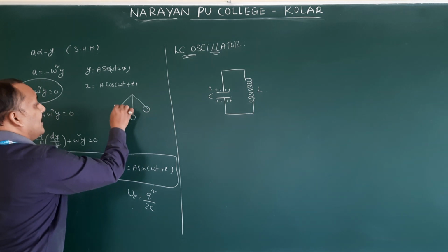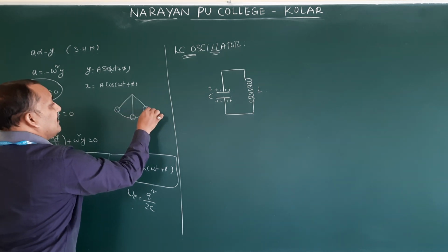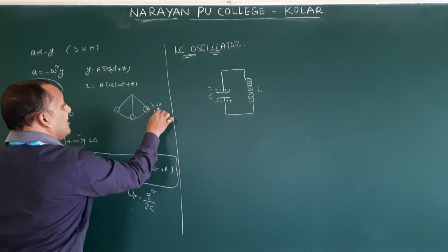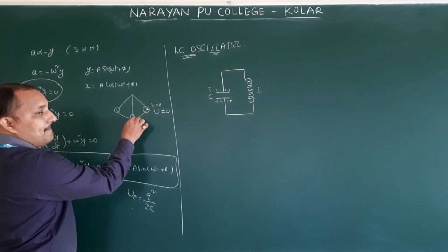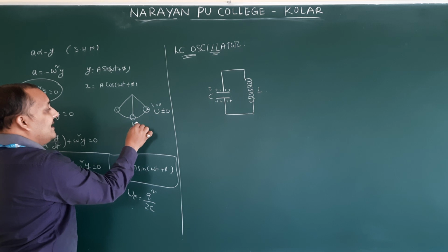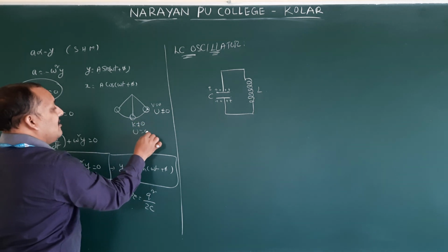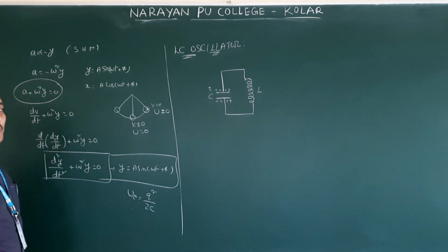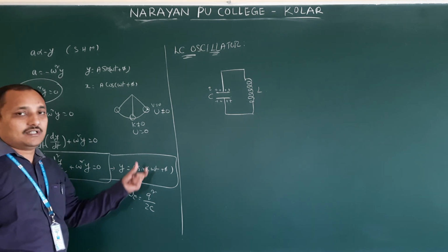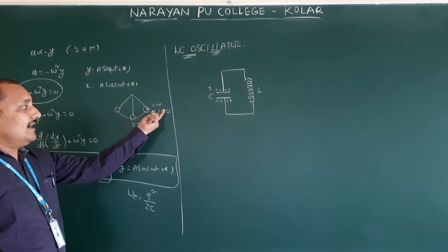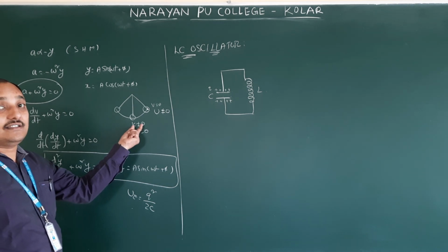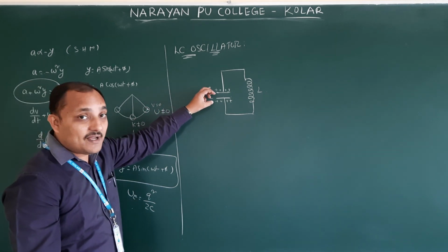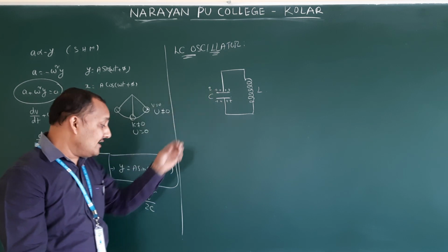If you take a simple pendulum, which energy will be there? Here velocity is 0, therefore potential energy is not equal to 0. Here velocity will be there, therefore kinetic energy is not equal to 0, but potential energy is going to be 0. So here potential energy is converting to kinetic energy. Same like that, in the capacitor, electrical energy will be there. In the inductor, which energy will be there?